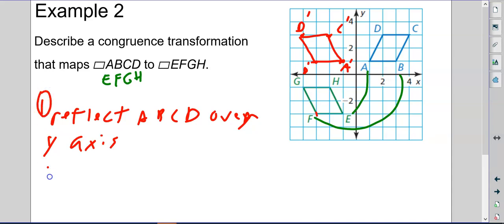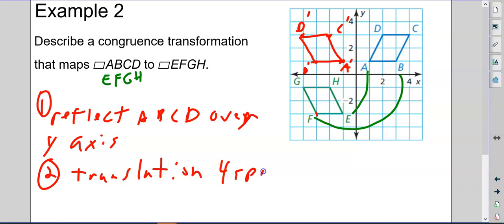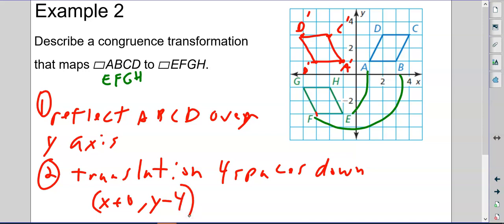Then step 2 is a translation. 1, 2, 3, 4. 4 spaces down. Okay, technically that would be x plus 0, y minus 4, or 0, negative 4 with the vector on it. Okay?